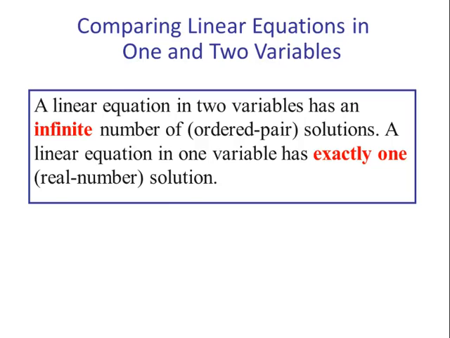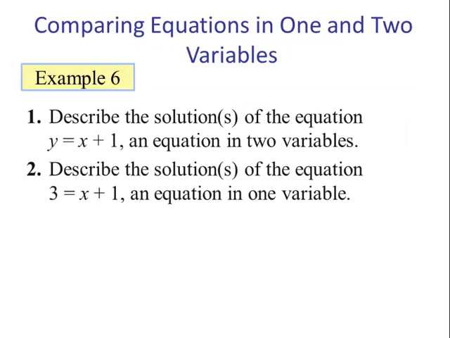Let's look at an example. Number 1, describe the solutions of the equation y equals x plus 1, an equation in 2 variables, because we have an x and a y. Number 2, describe the solutions of the equation 3 equals x plus 1, an equation in 1 variable.